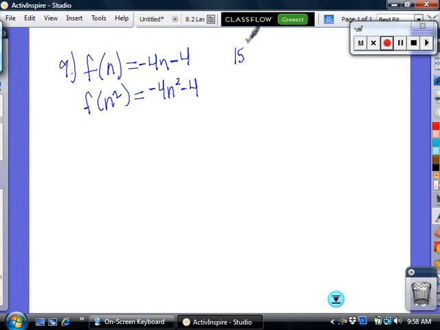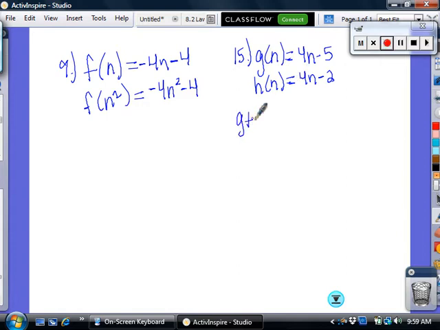Alright, now we're looking at number 15. We're given two functions, g of n and h of n. And we're to find g plus h of n.